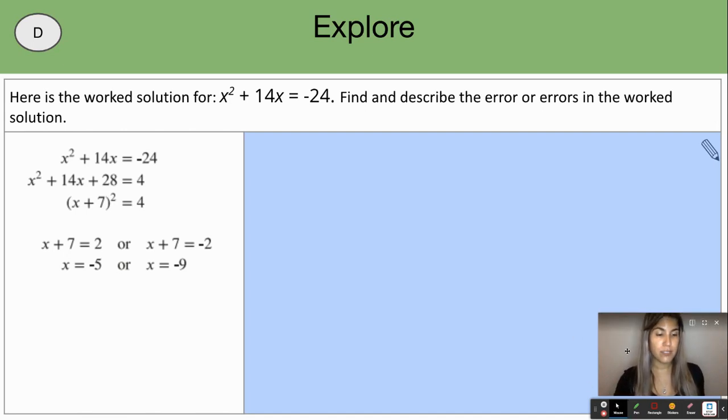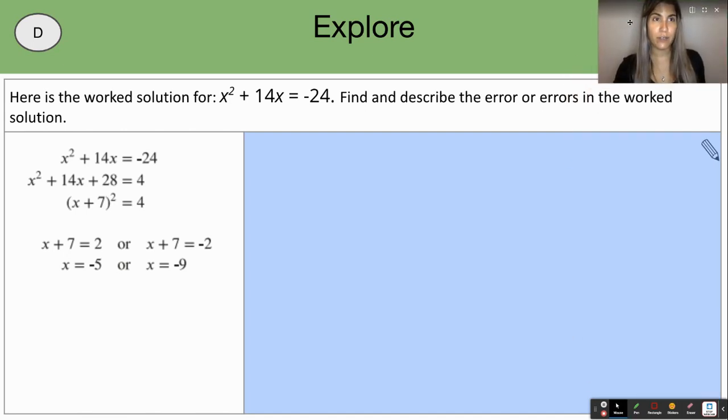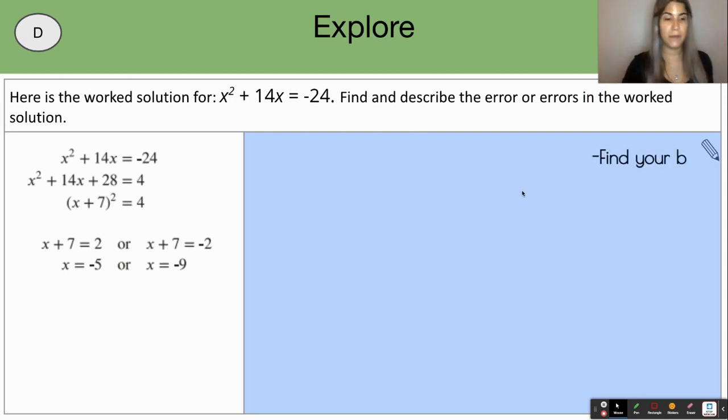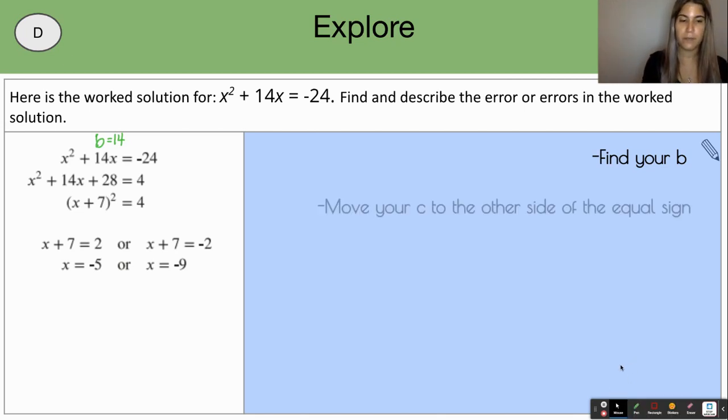My first step is find your b. Let me see. My b is 14. My b equals 14, right? Because that is the coefficient of x. Okay, so I found my b.